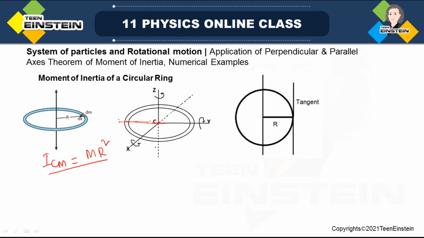So in this case we will be applying the perpendicular axis theorem to calculate the moment of inertia about any diameter. I'm sorry, not the parallel axis theorem, the perpendicular axis theorem.